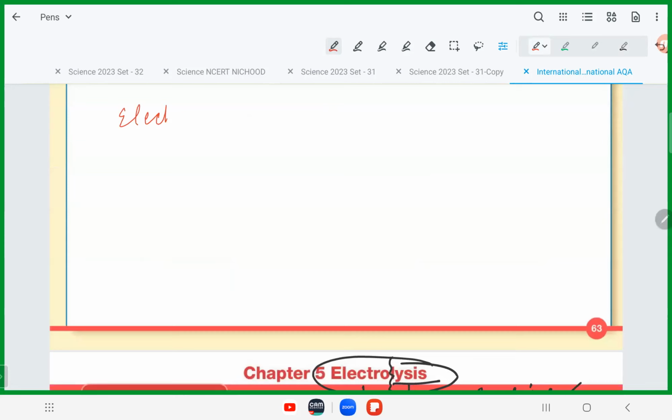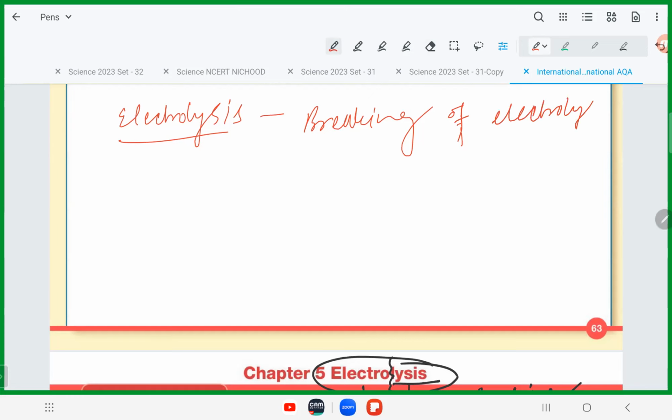electrolysis: breaking of a substance, or rather the better word is electrolyte, breaking of an electrolyte. What are electrolytes?